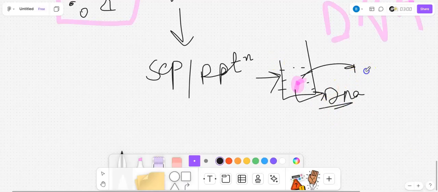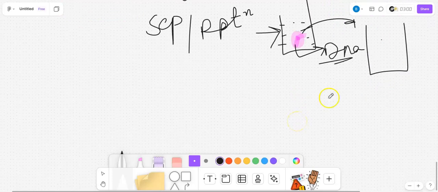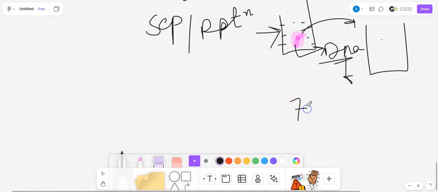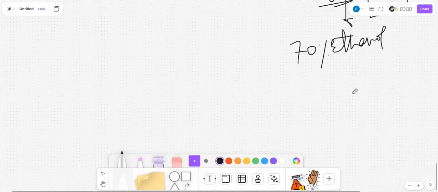This removed DNA is again washed with ethanol. 70% ethanol ని యూజ్ చేస్తాం. 70% ethanol ని యూజ్ చేసి we will purify again. That DNA will be purified again. So we will get our DNA.